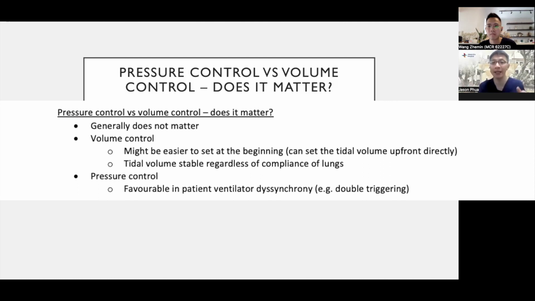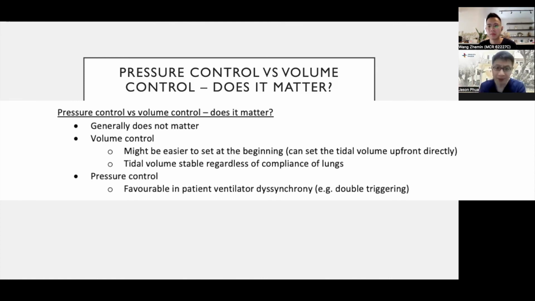And the reason why we do that is because if we have two stacked breaths of 6 mils per kg, we are actually talking 12 mils per kg. Whereas if we have 6.5, 7, 7.5, 8 mils per kg, it's still less than 12 mils per kg. So there's still less volume trauma.